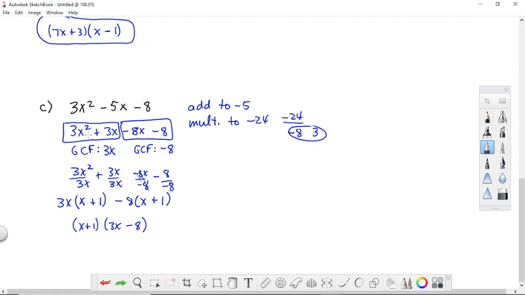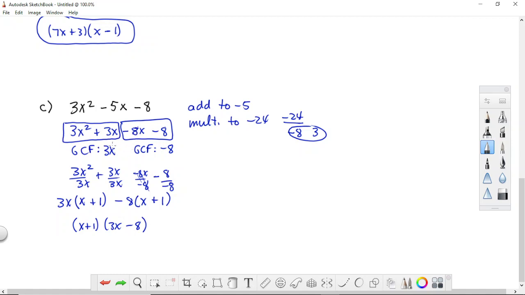So that's a few examples. You'll get to practice on these. Remember the AC split the middle method. Find the numbers that multiply to a times c and they add to b, and then split that middle term.